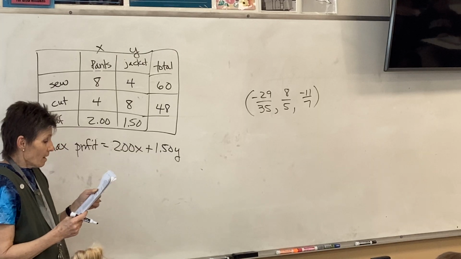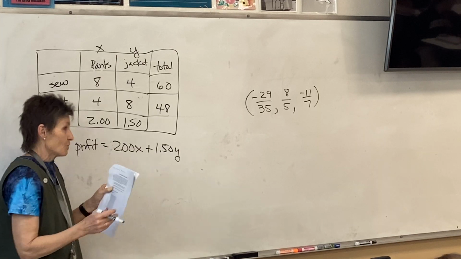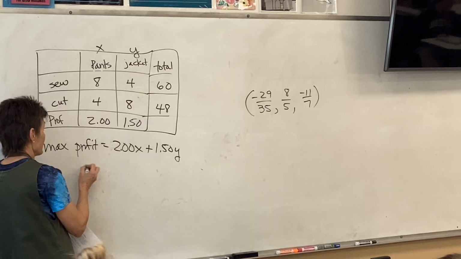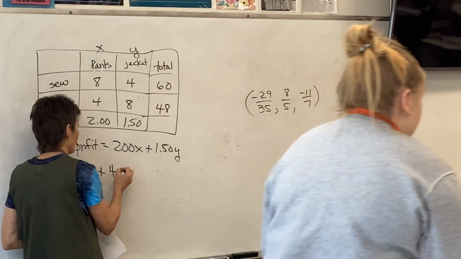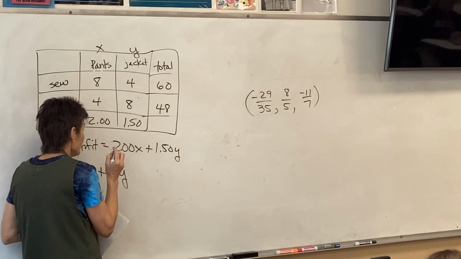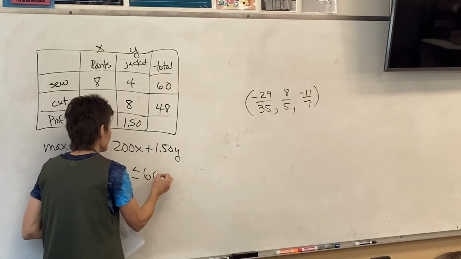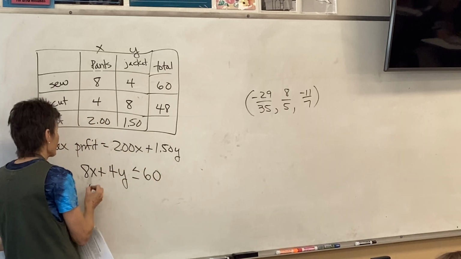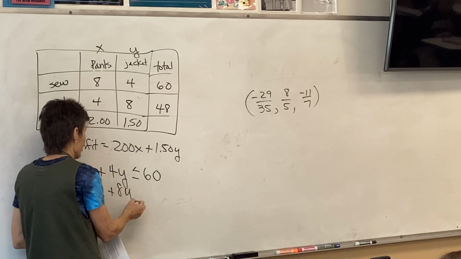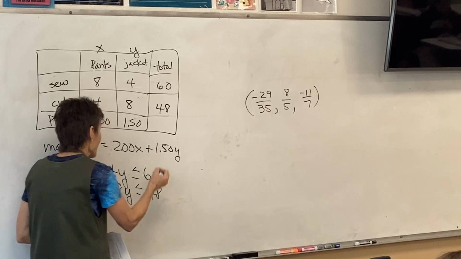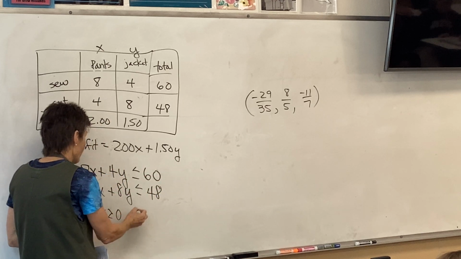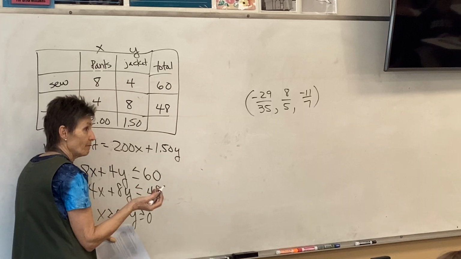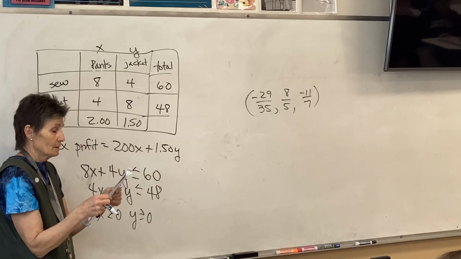Those are free. All right, so we got 8x plus 4y, so now I'm ready to write some inequalities. So 8x plus 4y is less than or equal to 60. And then 4x plus 8y is less than or equal to 48. And x and y are both positive, of course, right?